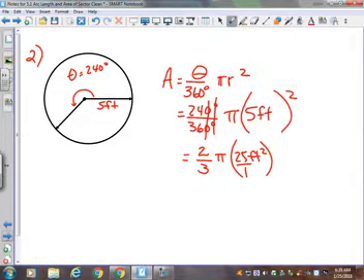You can multiply first and then reduce, or you can look at the diagonals to see if they reduce before you multiply. 2 and 1 will not reduce. 3 and 25 do not reduce. So therefore you get 50 over 3 pi feet squared, because you just multiply across the top and multiply across the bottom to multiply fractions.